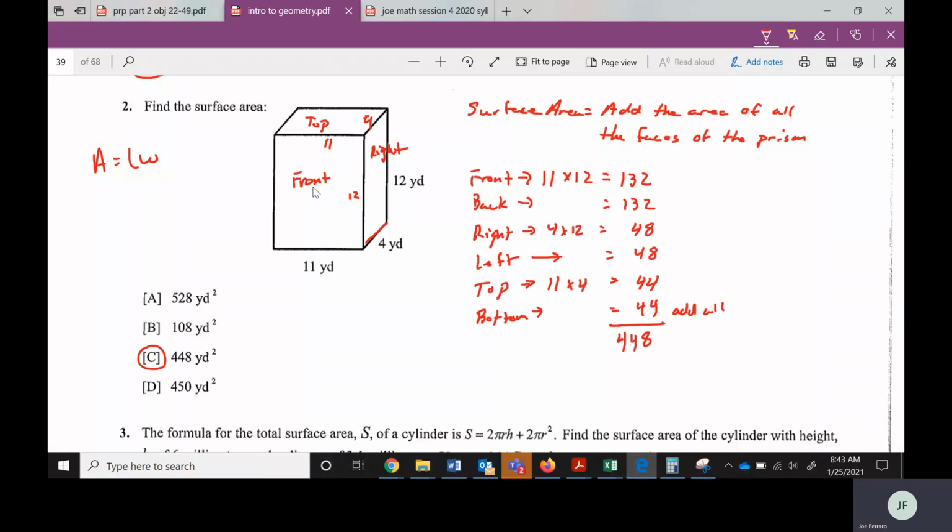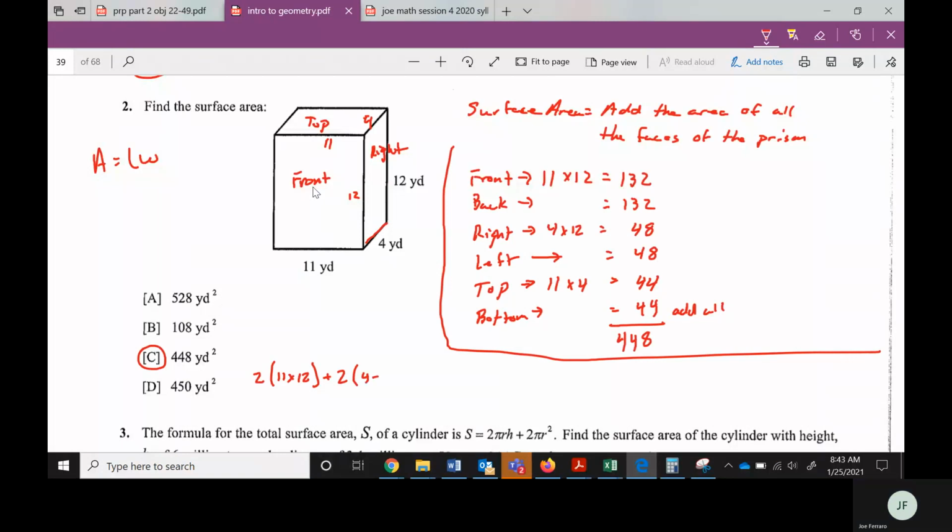Okay. Now if you like doing kind of more formulas, you could have done, let me draw a line here. You could do it more like this and say, well, we have 2 times the front. And then we're going to go 2 times the right side because of the right and the left. And then 2 times the top because there's a top and the bottom.